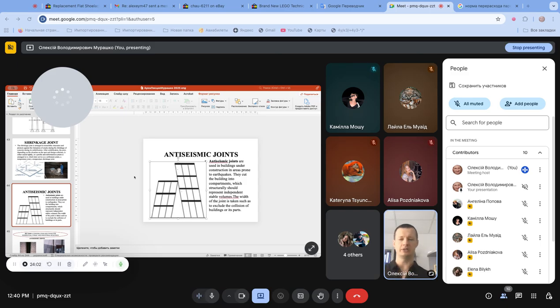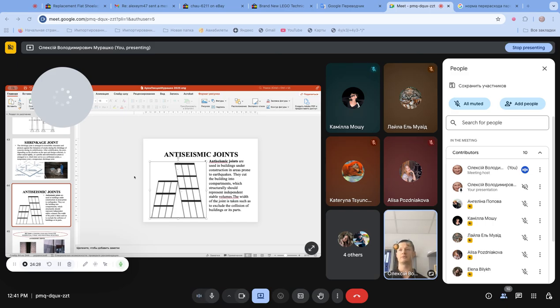When we are considering seismic joints, we design them to protect the building from the pounding effect, when one part of the building kicks another one during the earthquake. So here are two buildings, and sometimes during an earthquake you can get this effect.